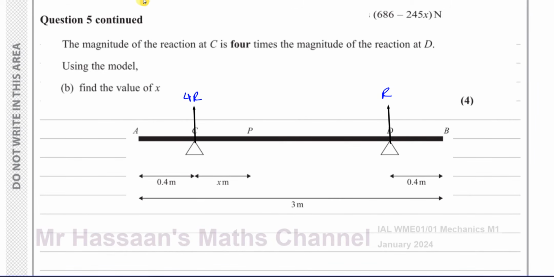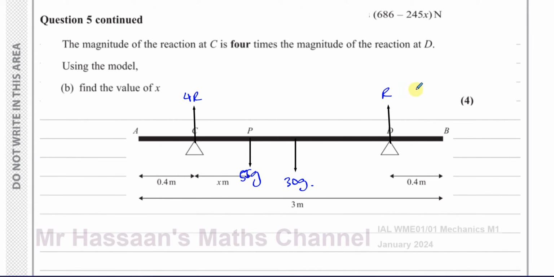the total weight, for the man and for the actual beam itself, the total weight acting down for both of them, one of them was 55G, and this was 30G, right? So what I can say here is these R's are now related to each other. They're not unlike terms.